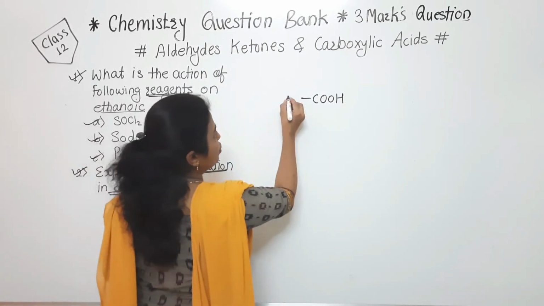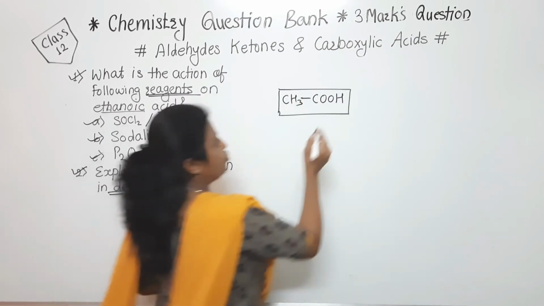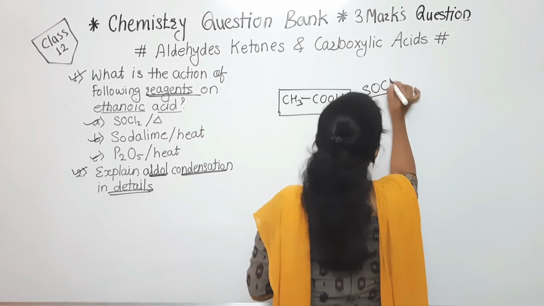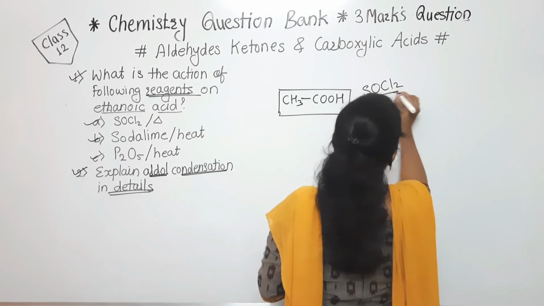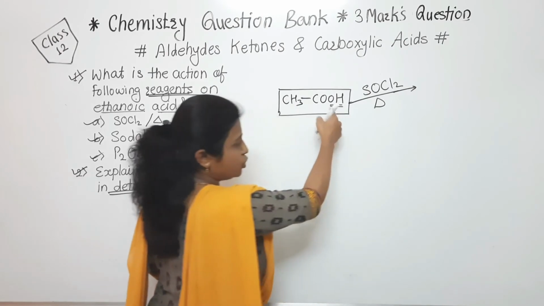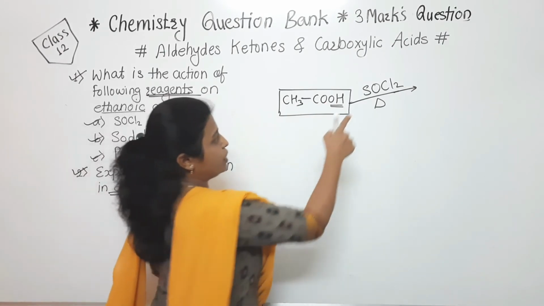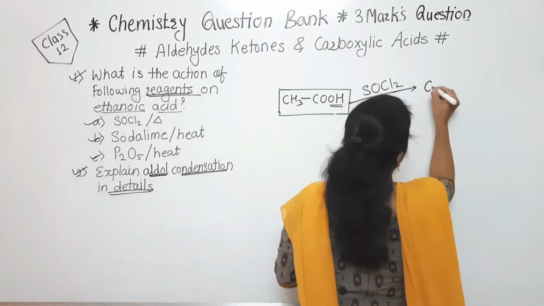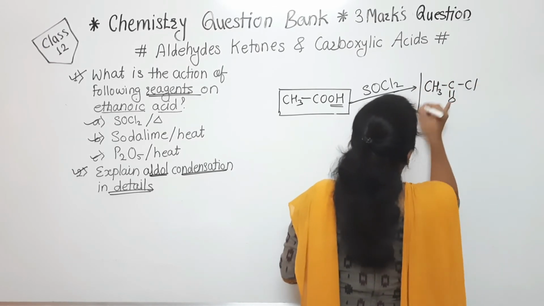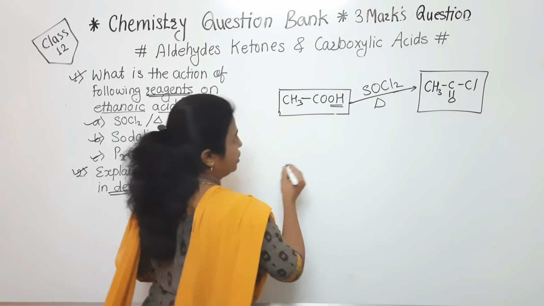One is completed, means only CH3 remains. The first reagent is SOCl2 and we have to heat it. Because of that, the OH group of the COOH will get replaced by chlorine and we will get acetyl chloride. This is the product of the first reaction.